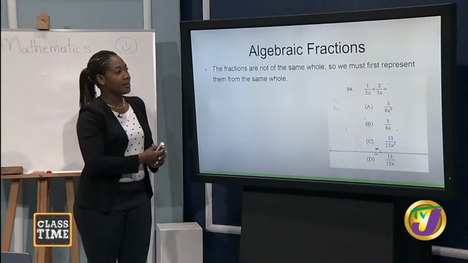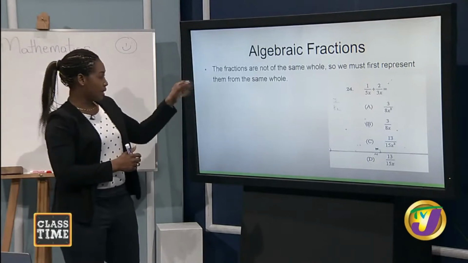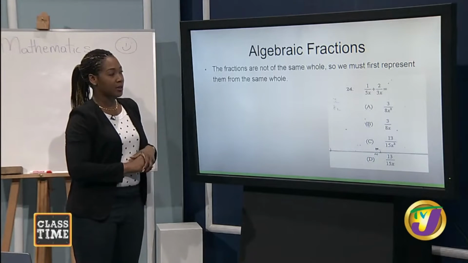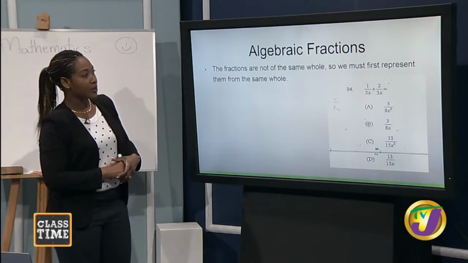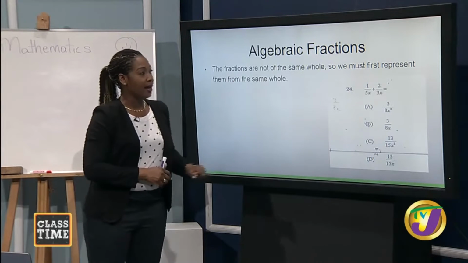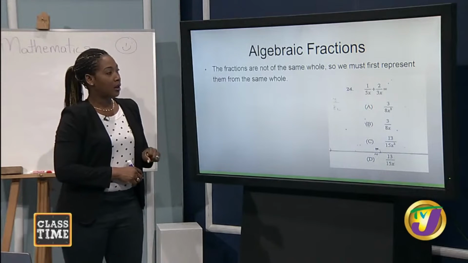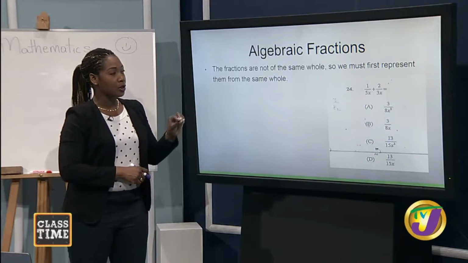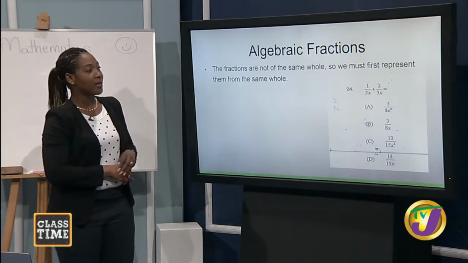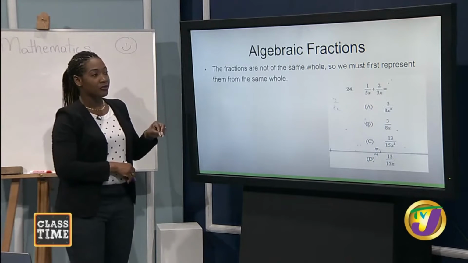Just to note, the fractions are not of the same whole in this particular question. I probably should have looked at the question first. So let's look at it before we even discuss this. So we have 1 all over 5x plus 2 all over 3x, and those are our two fractions.